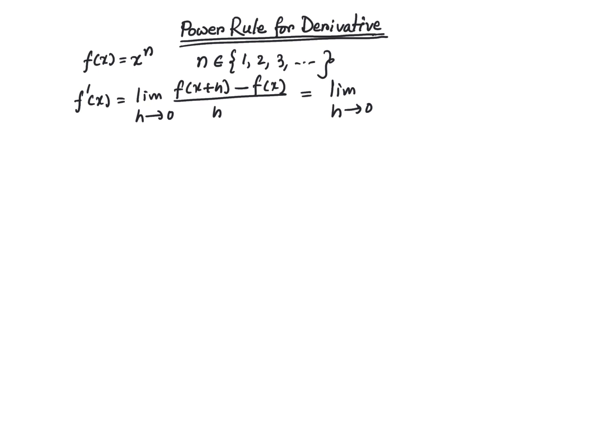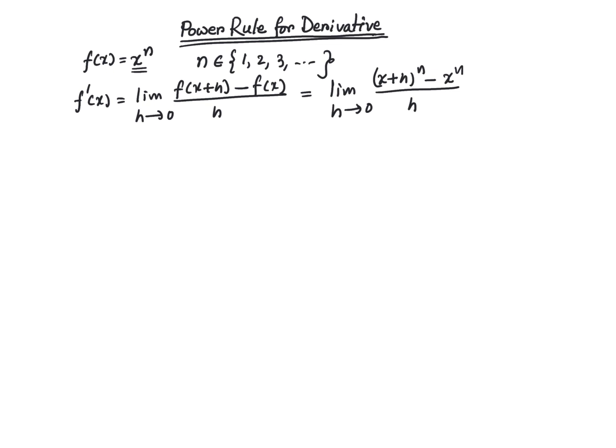So my f(x) is x^n, so f(x+h) is going to be (x+h)^n minus x^n, divided by h. We just need to find this limit.